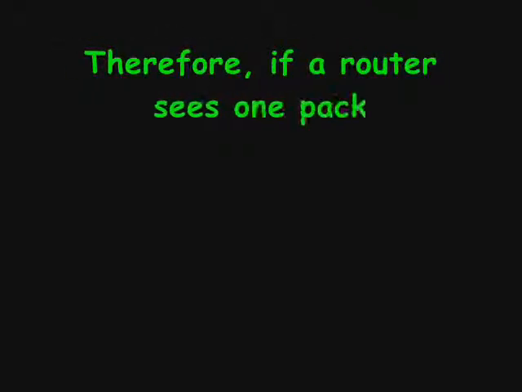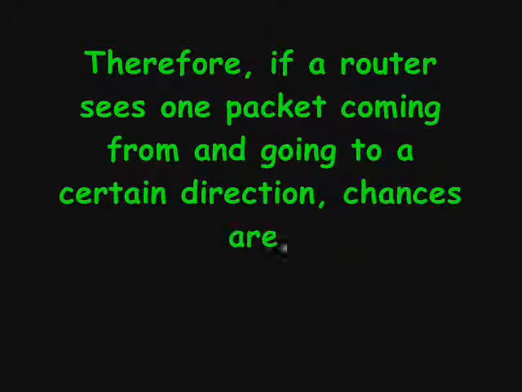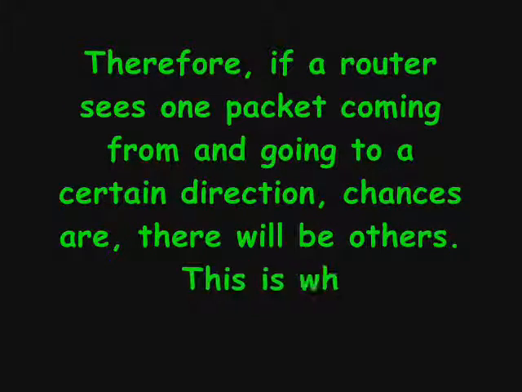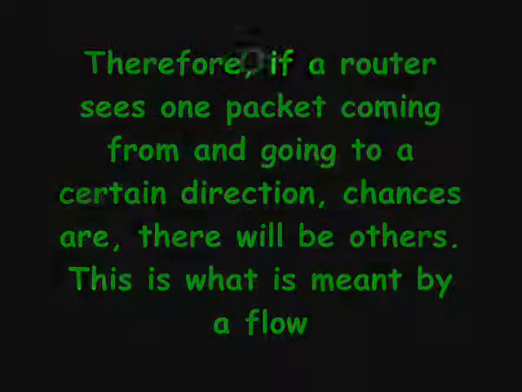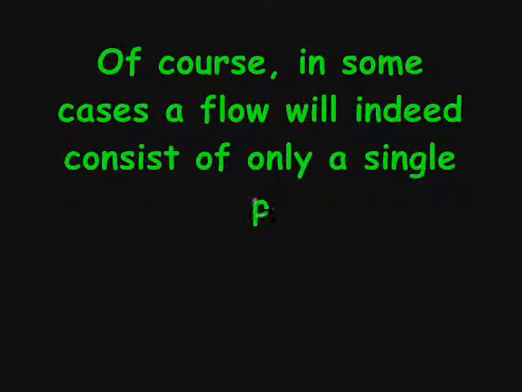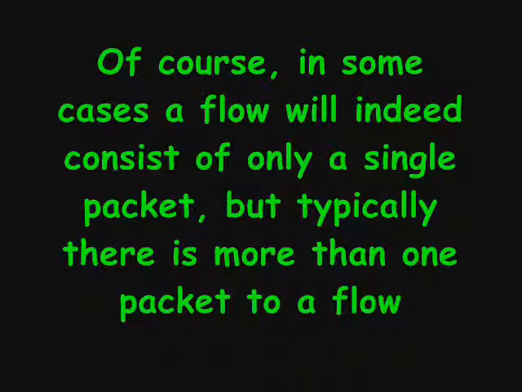Therefore, if a router sees one packet coming from and going to a certain direction, chances are there will be others. This is what is meant by a flow. Of course, in some cases, a flow will indeed consist of only a single packet, but typically there is more than one packet to a flow.